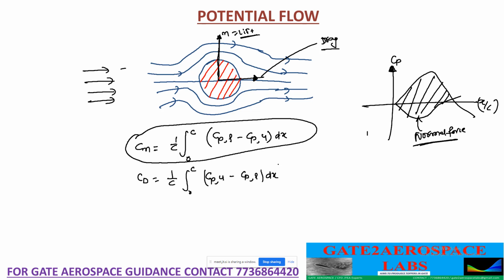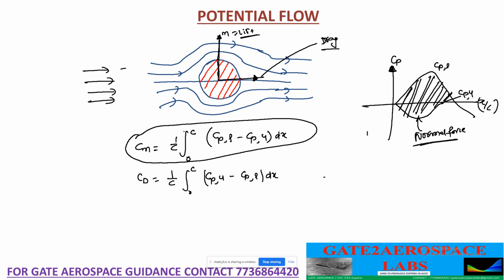right? Let's say this is the Cp lower and this is the Cp in the upper part. In that case the normal force will be equal to the area under this curve. By integration we get the area under the curve.